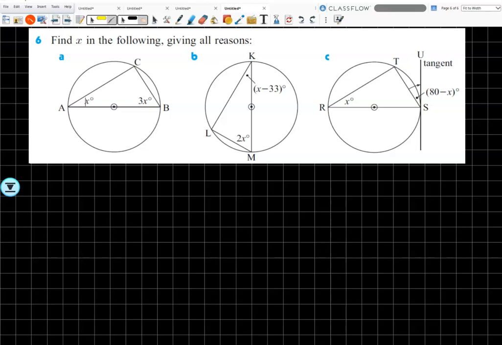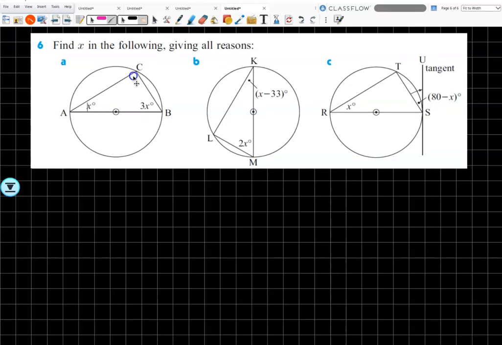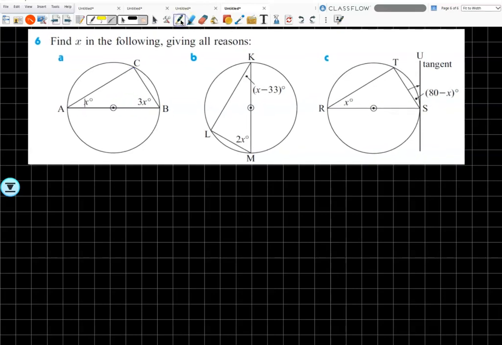Angle in a semicircle, correct. So as soon as you see this, we should be going, hey, I know that that is 90 degrees. Agreed? And that's what we have to write down. So we will write angle ACB equals 90 degrees. Why is that? Angle in a semicircle.